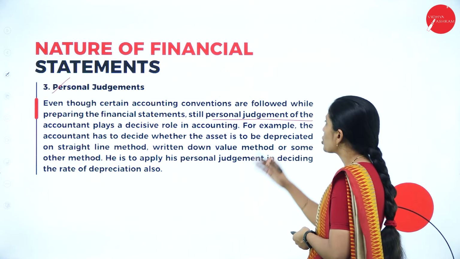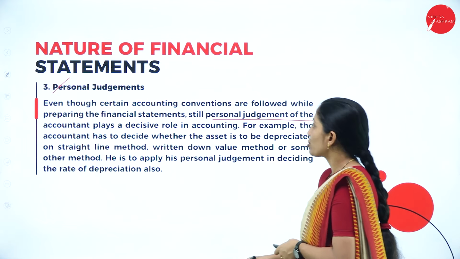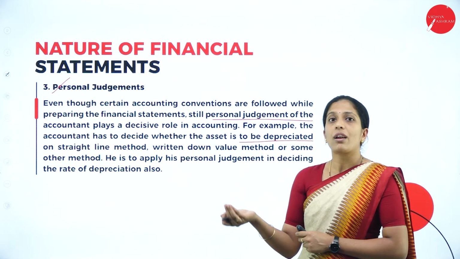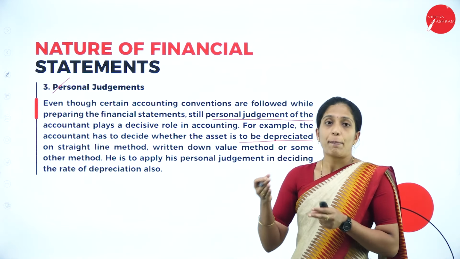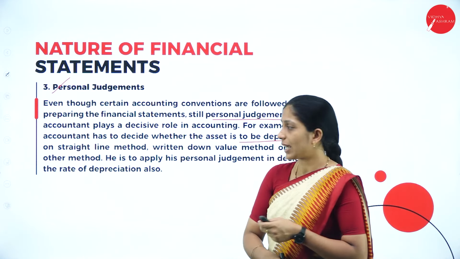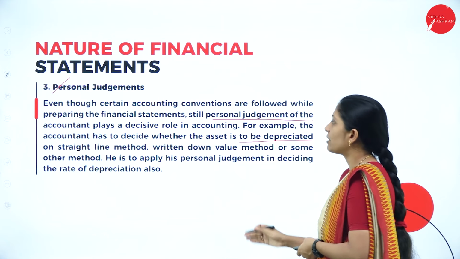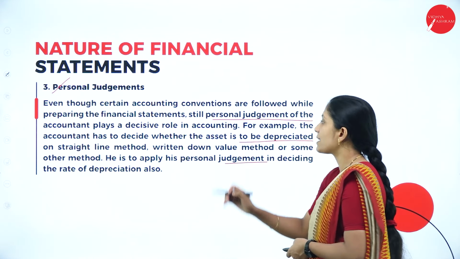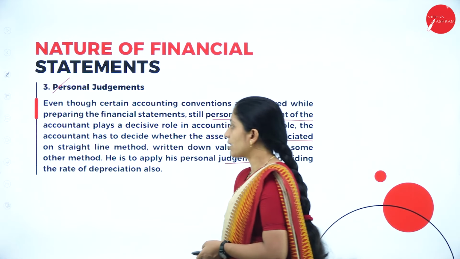For example, the accountant has to decide whether the asset is to be depreciated on the straight line method or on the written down value method. It depends upon the decision of the accountant. He has to apply his personal judgment in deciding the rate of depreciation also.